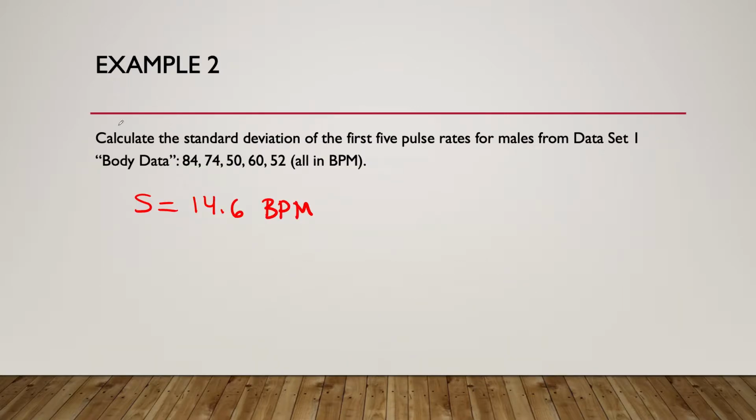My next example has us calculating the standard deviation of the first 5 pulse rates for males from the Dataset 1 dataset of 84, 74, 50, 60, and 52.